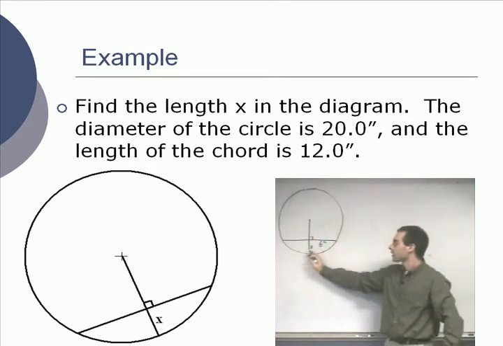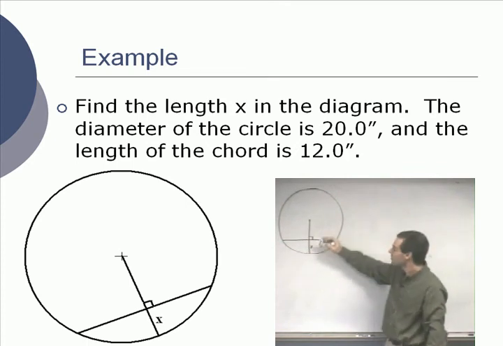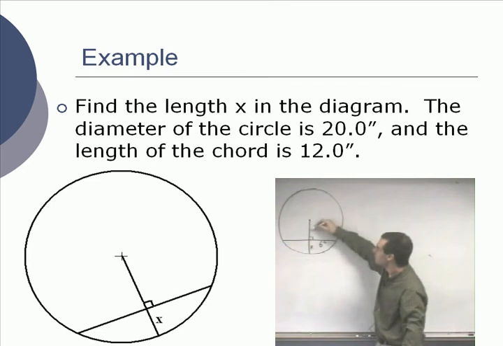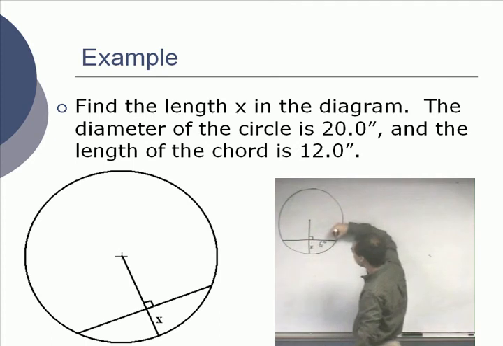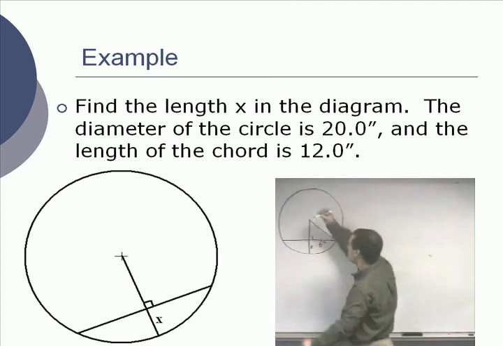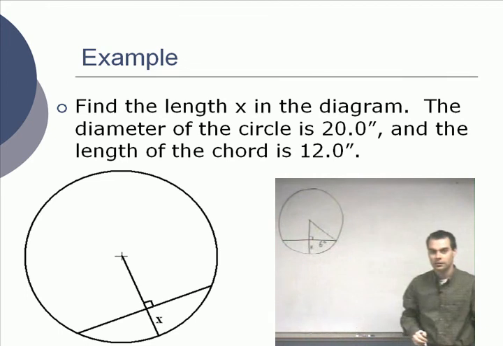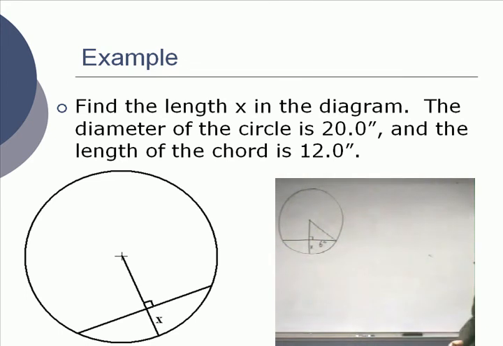Now we want to find x. We don't have a formula for finding x, but if we knew this distance, we could subtract it from 10 inches. How can we find that distance? We got a triangle here. Do we know the length of the hypotenuse in that triangle? Sure we do. It's the radius.